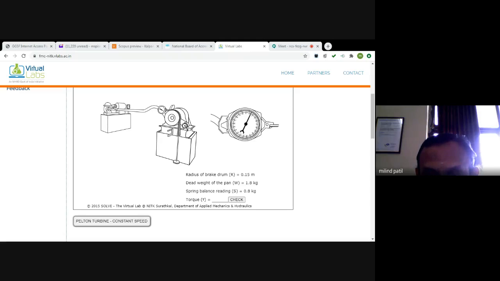For flexibility, I will do this calculation in an Excel sheet and then we'll put it in here. So 0.8 to 0.15. The answer is 117.72 Newton meter. 0.8 into 0.15.